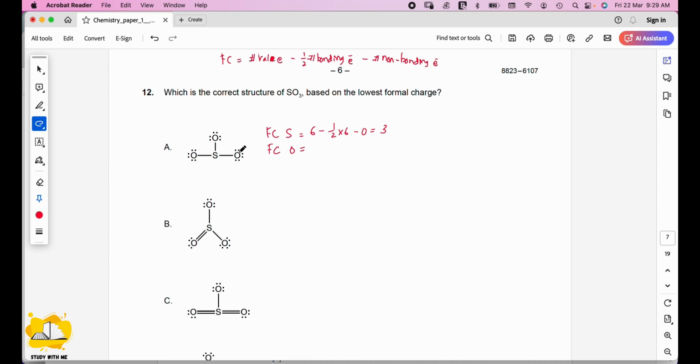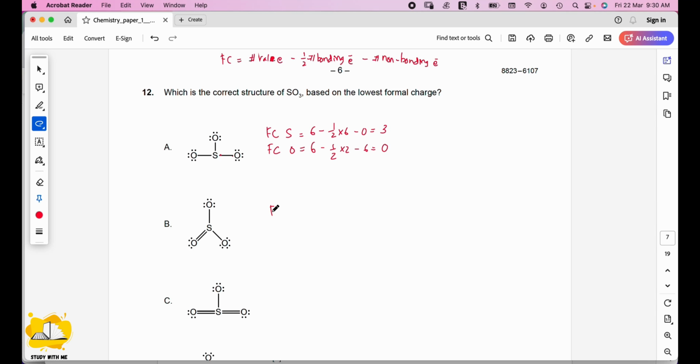And for oxygen here, the valence electron count is 6, also minus half, and for oxygen only 2 electrons for bonding, so times 2, minus non-bonding electrons, which are 6, so it will be 0.